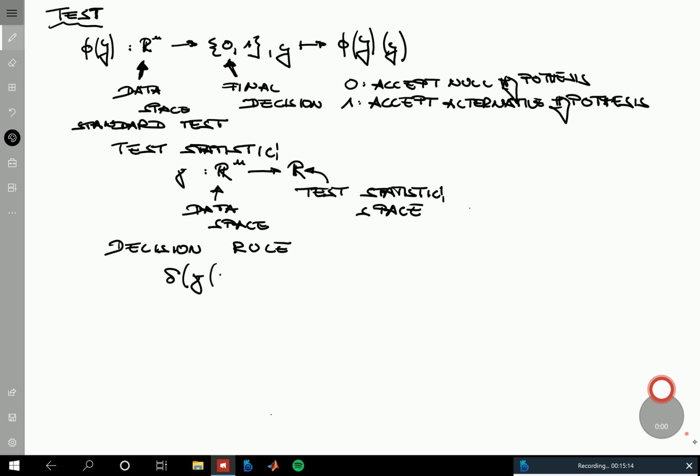You can also just write it like this: delta, which then goes from the real numbers, so from the test statistic space, to the test outcome space.